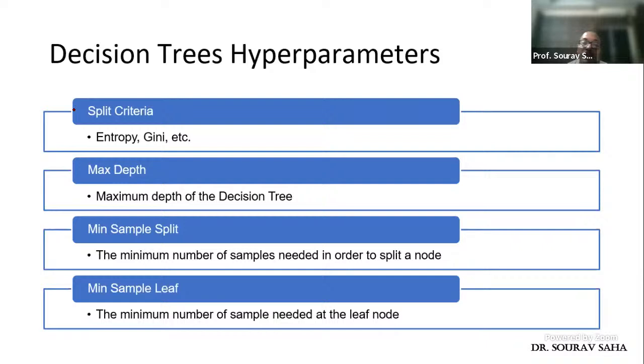Other one is minimum sample leaf. It's this minimum sample split and minimum sample leaf. What happens is that you can specify the minimum number of samples that are required in a leaf node. So let's say here you have given the minimum sample split as 30, right?